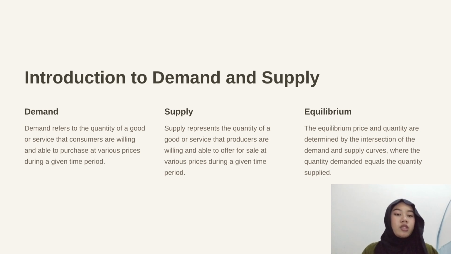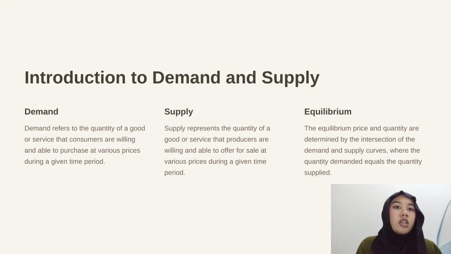Demand refers to the quantity of a good or service that consumers are willing and able to purchase at various prices during a given time period. Supply represents the quantity of a good or service that producers are willing and able to offer for sale at various prices during a given time period.